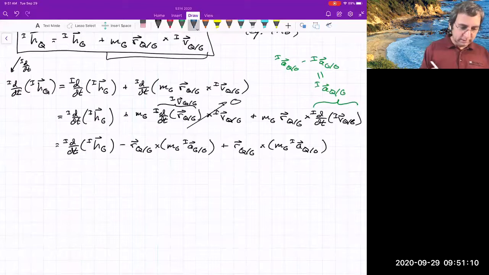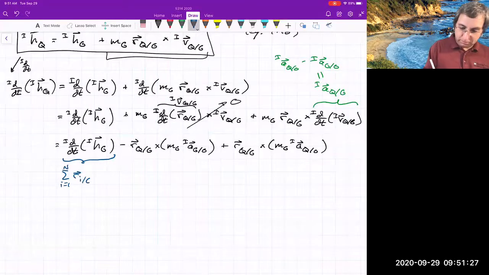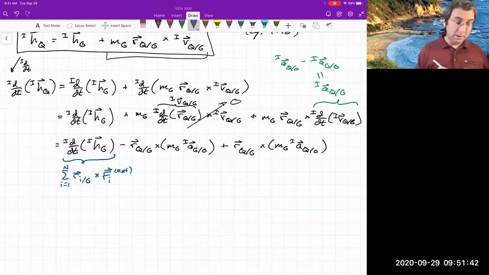And now what? Well, we know that the way that this changes in time, at least we wrote this before, is the sum from 1 to n of the moment arm, so the location of each particle with respect to the center of mass, cross the force, just due to external force, nothing internal between particles because of that internal moment assumption.